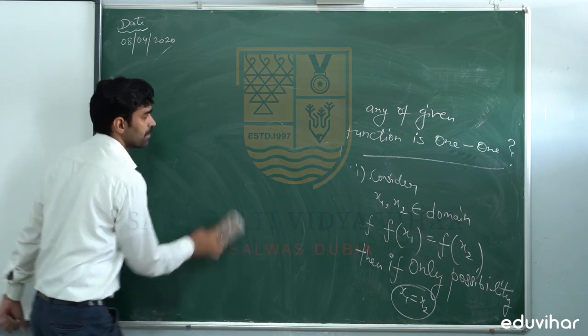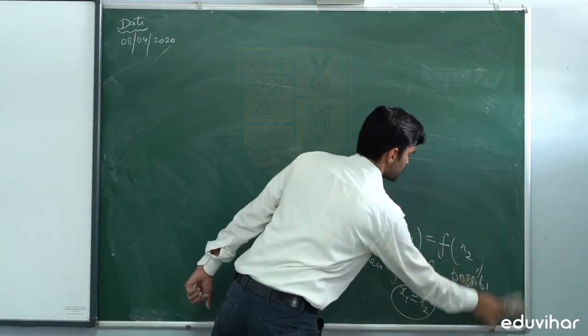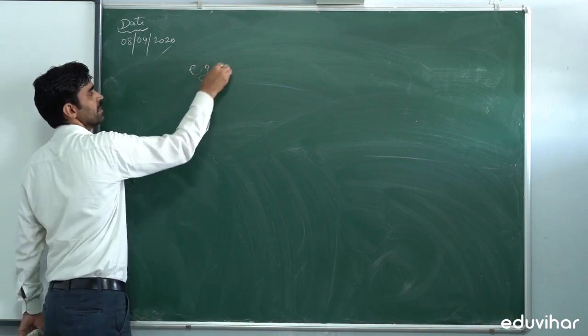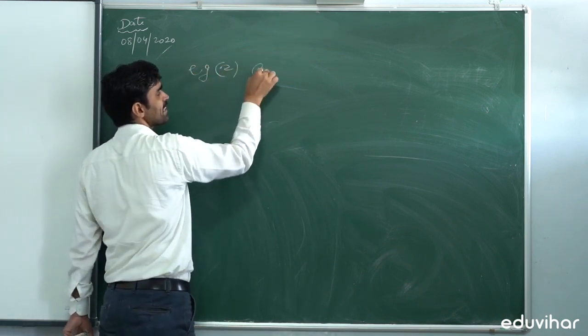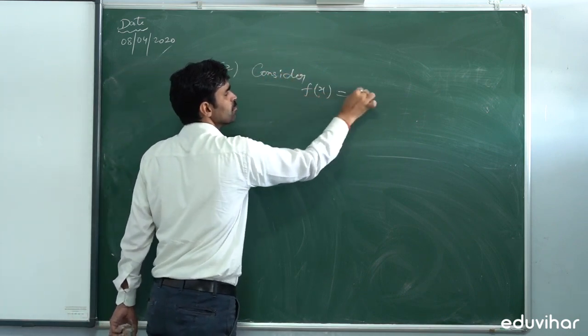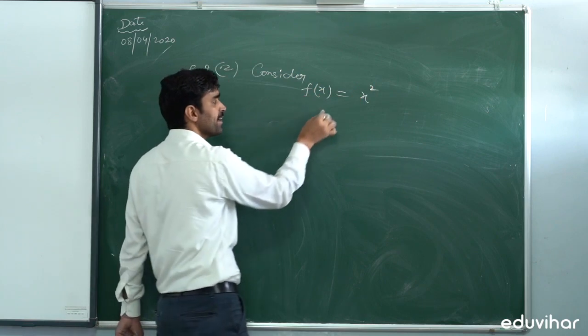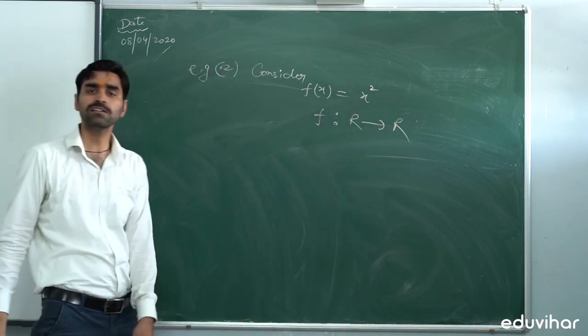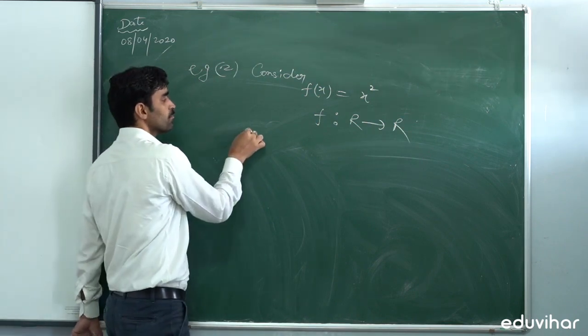Similarly, consider another example for one-one function. Here second example. Consider a function f(x) equal to x square, and here the function is defined from real number to real number. Now working rule.